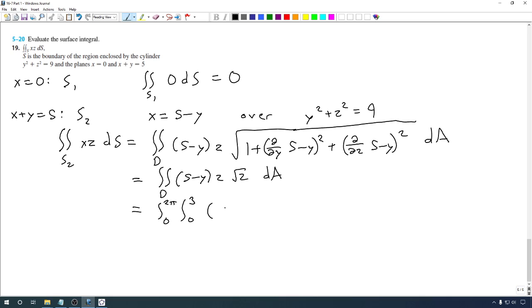We have 5 minus r cosine theta. z becomes r sine theta. We do have the square root of 2, which I'll go ahead and pull out. And since we are swapping from y and z to r and theta, we do end up having to introduce an r as part of switching to polar coordinates.